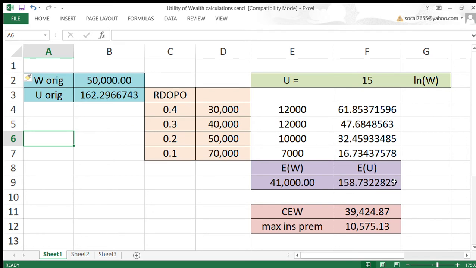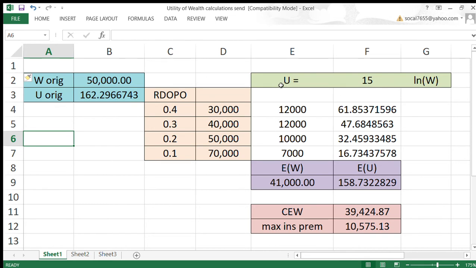Immediately, his utility falls. Well, we then consider, what amount of wealth, if we had that amount of wealth for certain, would provide us with 158.7322829 utils. To get that, we plug this expected utility of 158.7322 in for this utility value here, and we solve this equation.